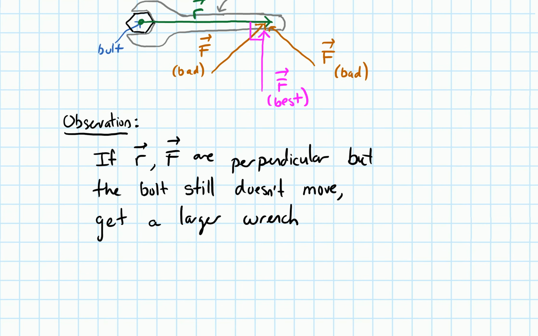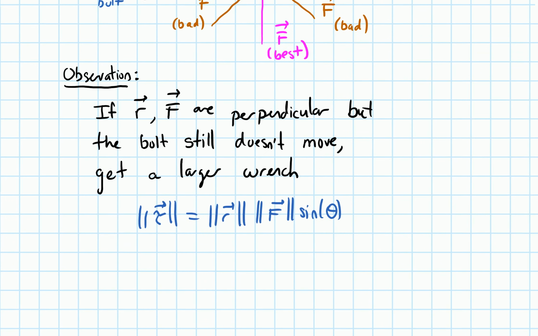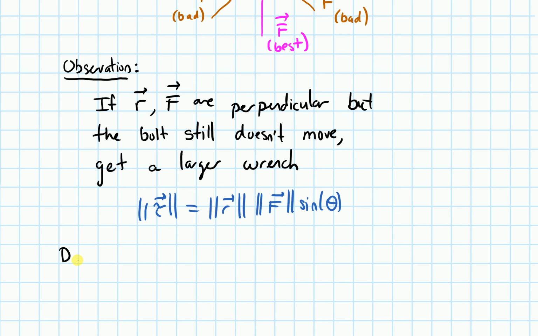Okay, so to illustrate why this is useful, the length of the torque vector is equal to the length of r times the length of f times sine of theta. So doubling the length of r will double the torque.